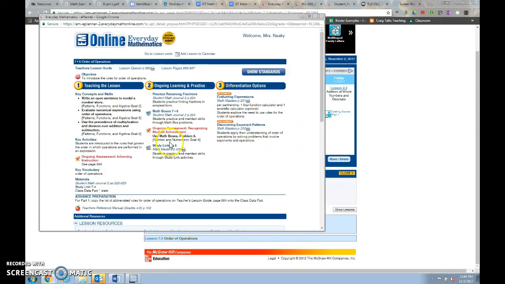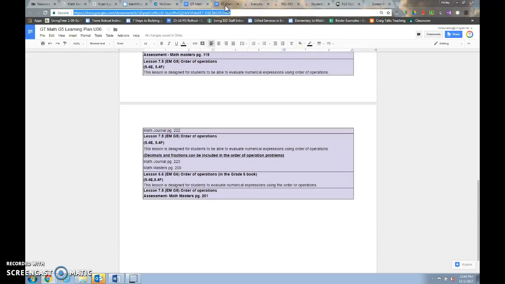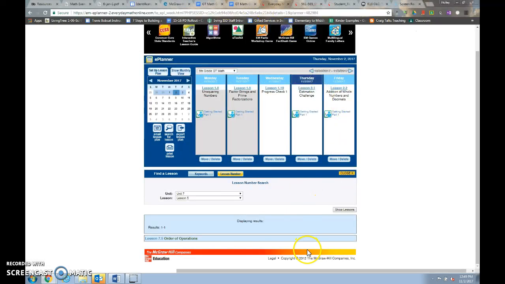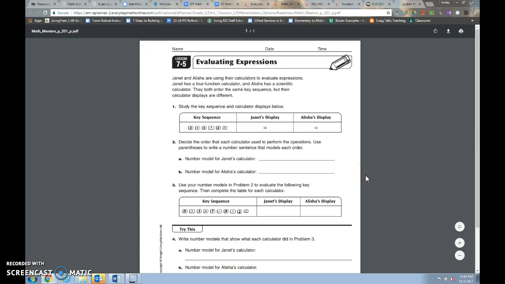Okay, so it says Math Masters, page 201. So they're going to evaluate expressions. That's the reteach. Yeah, page 201. You could use that as an assessment. So it's probably a pretty good independent assessment for that.